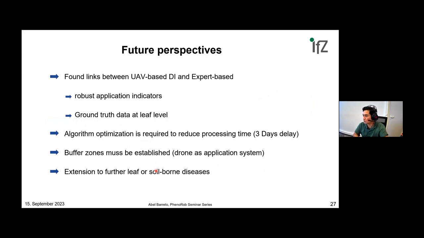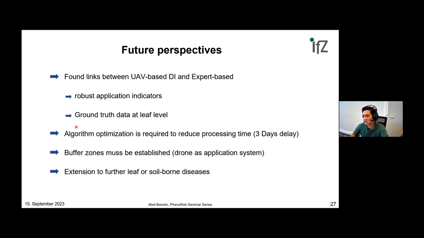What are our future perspectives? So we have to find more accurate links or more accurate indicators for establishing application maps, especially what are the equivalents between UAV-based disease incidence and the expert-based, in a way that our indicators are more robust.